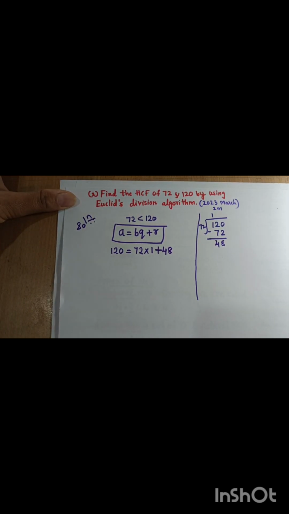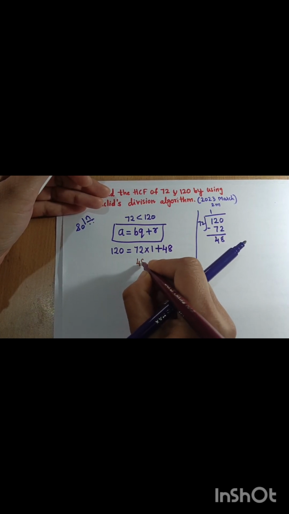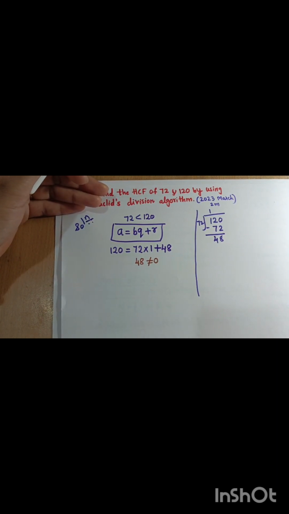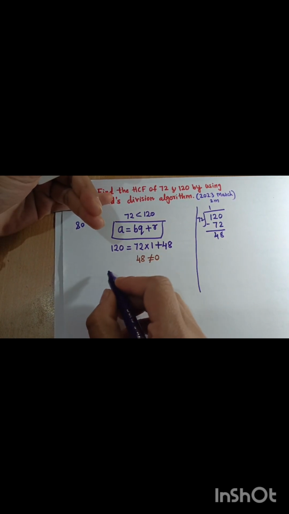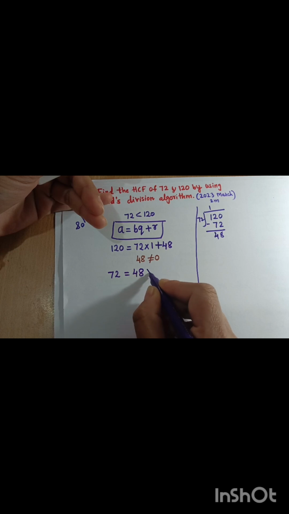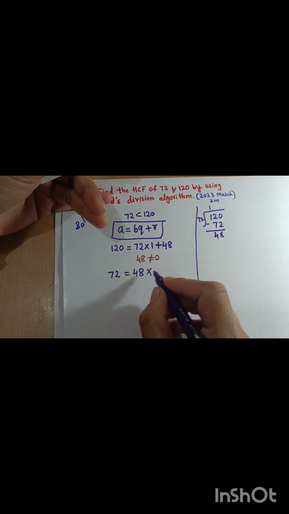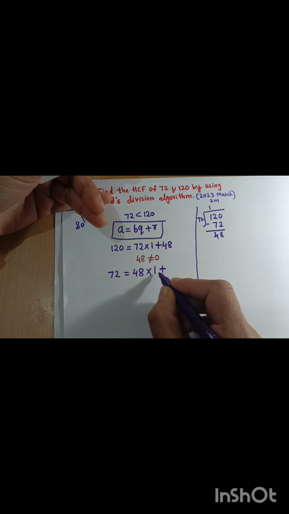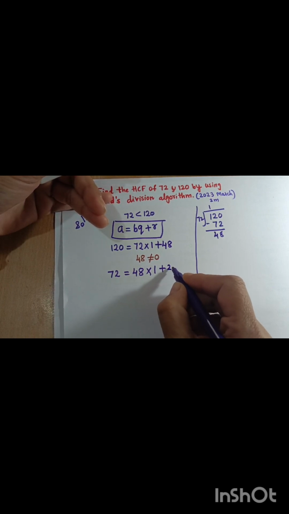So here you see the remainder 48 is not equal to 0. The remainder is not equal to 0 means again you have to continue. Now you take 72 and divide by 48. 48 ones are 48 only, it goes. What is the remainder of that? 72 less 48 is 24.